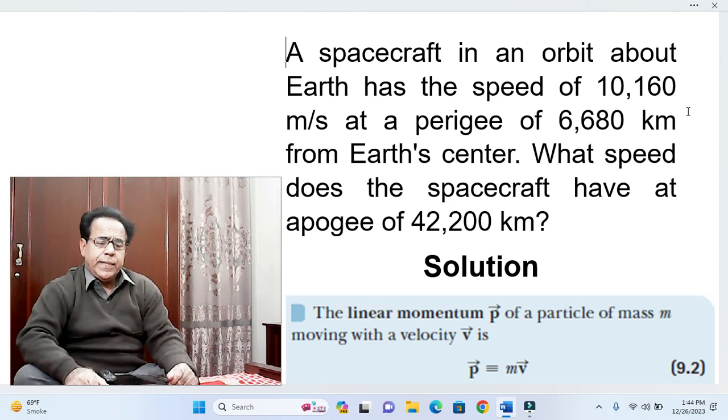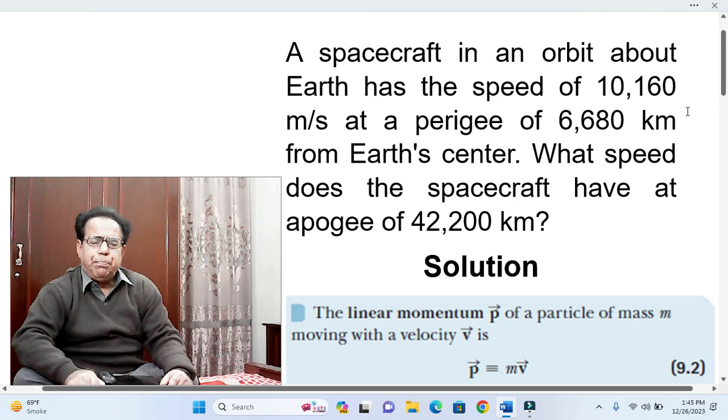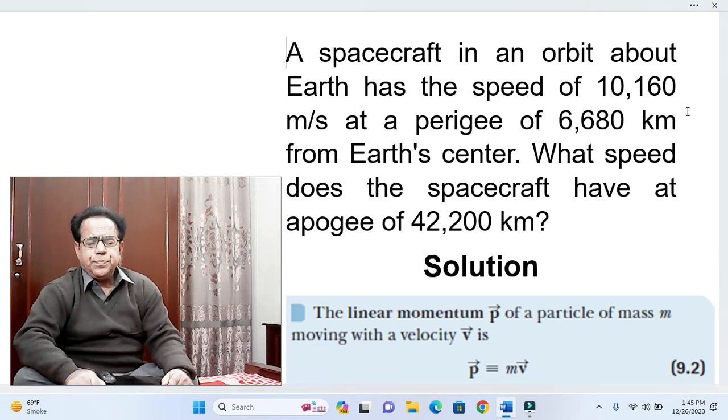Okay, dear students, here two terms have been used with which we are not familiar in ordinary daily life. One is perigee and the other is apogee. We will see it later in this problem with the help of Wikipedia.